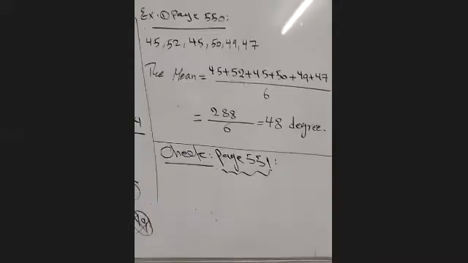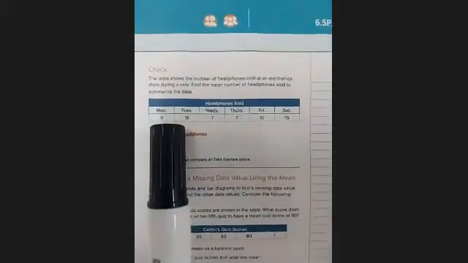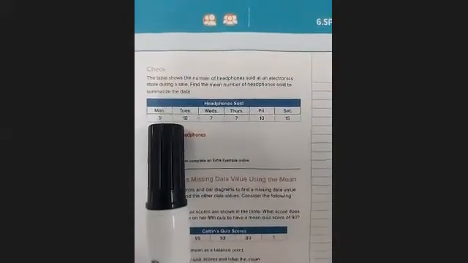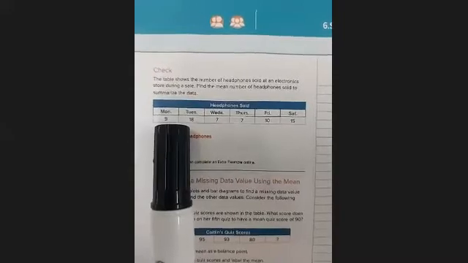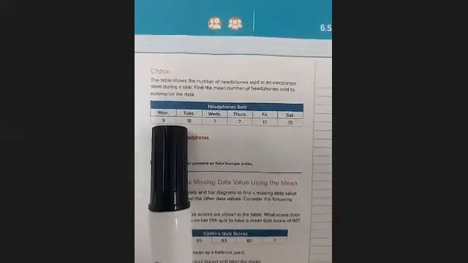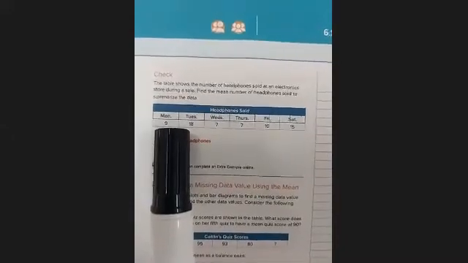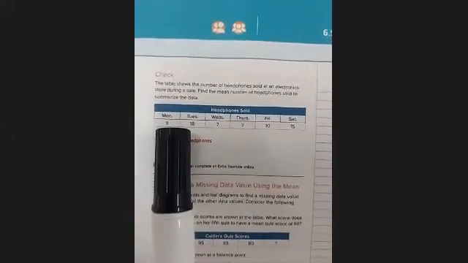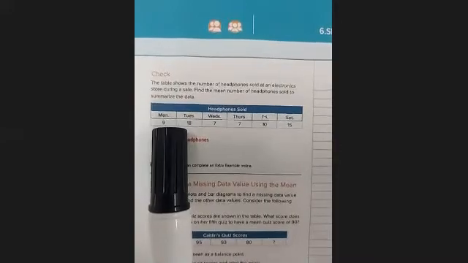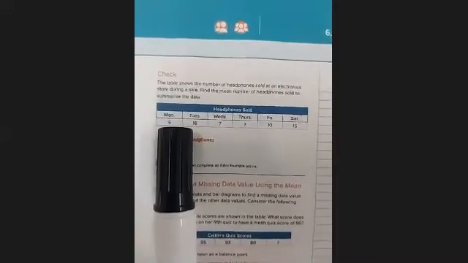Sorry, Omar, again. Check page 551. Read. The table shows the number of headphones sold at an electronics store during a sale. Good. So we have an electronics store that made a sale, and they count how many headphones sold each day.